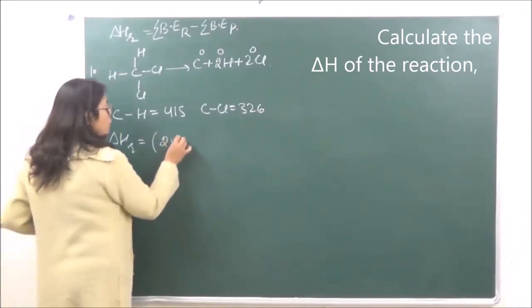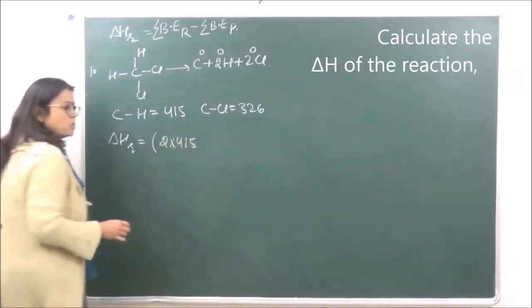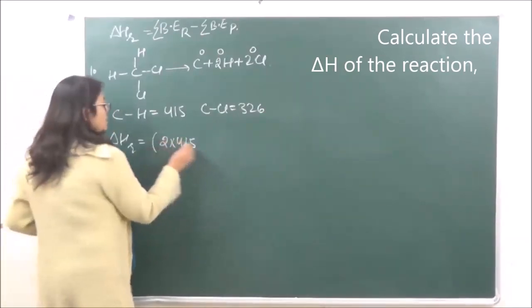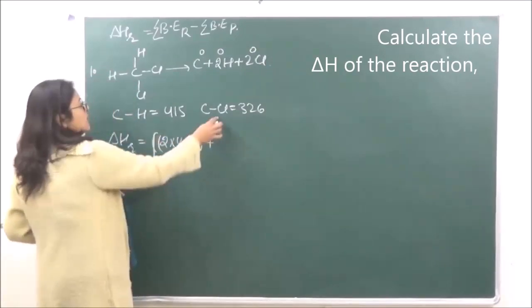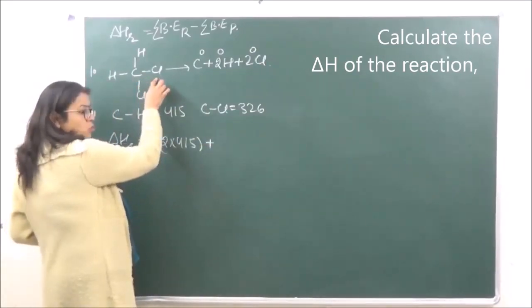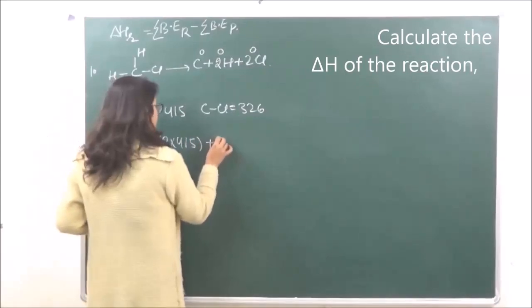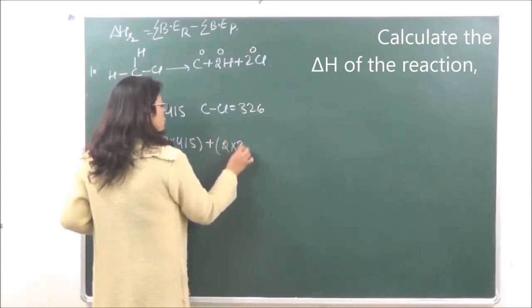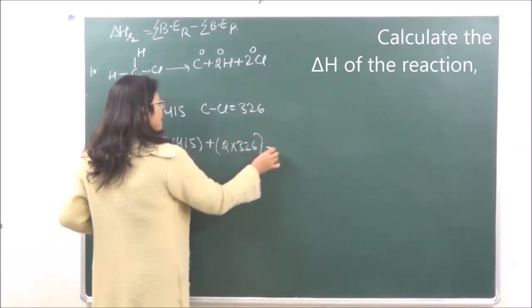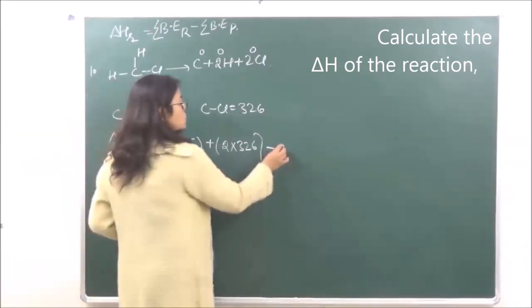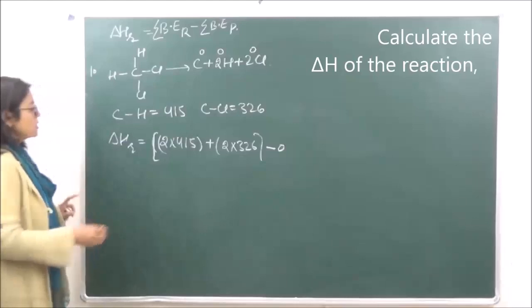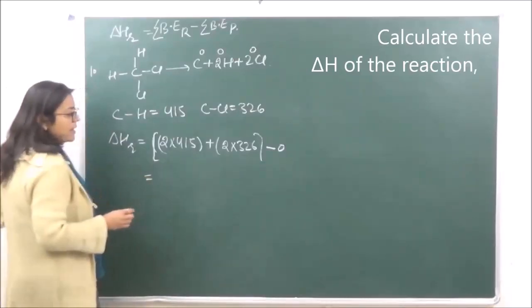तो हम 2 into 415 करेंगे because there are 2 CH bonds present and plus उसी तरह से CCl bonds present are also 2. So this is also going to become 2 into 326 minus that of products. तो products का इस पे क्या है? It is coming equal to 0. ठीक है? So simply you have to multiply and add over here.